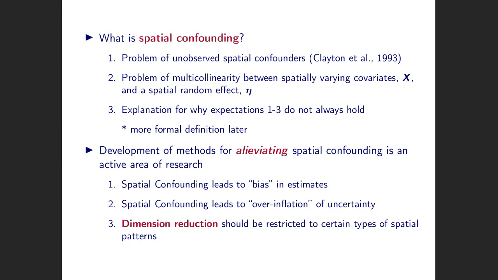It leads to overestimation of uncertainty in regression coefficients. And more recently, the issue of dimension reduction, so thinking about computational tools to allow faster model fitting through dimension reduction, has kind of gotten mixed up in this literature on spatial confounding, or they've become related for reasons that I will talk about in a second.